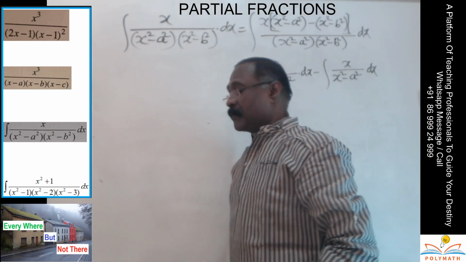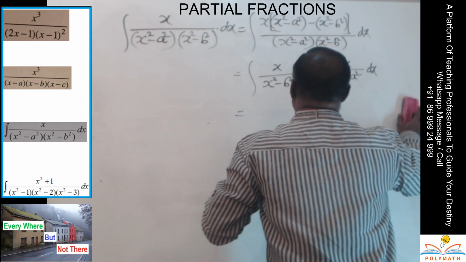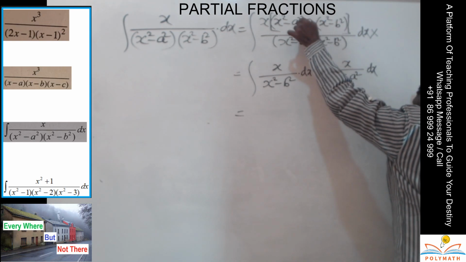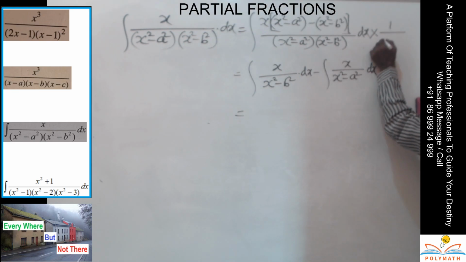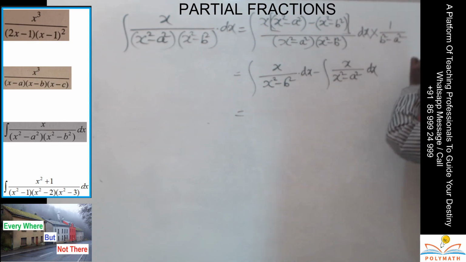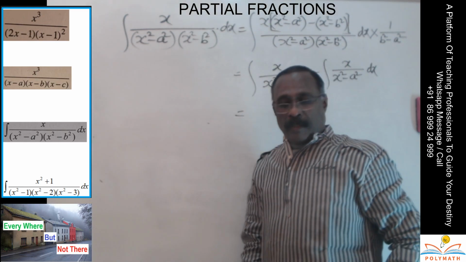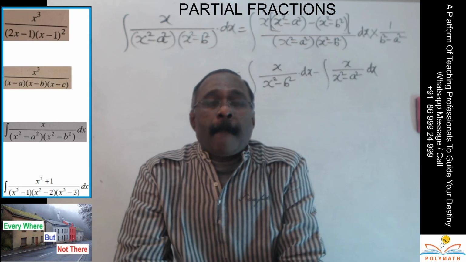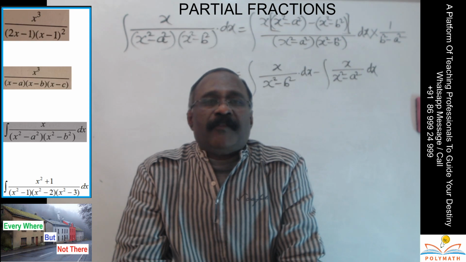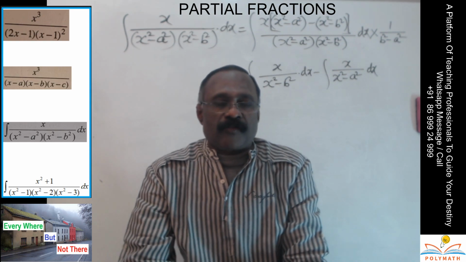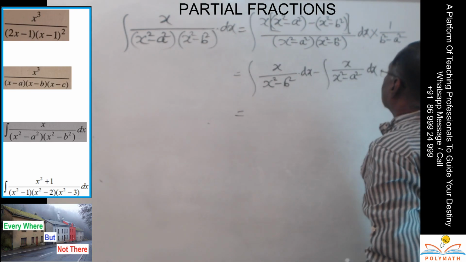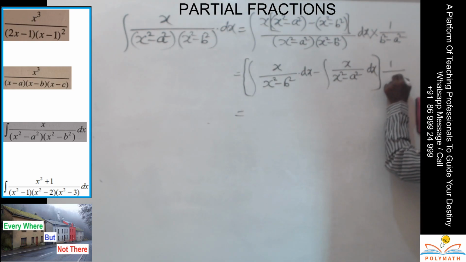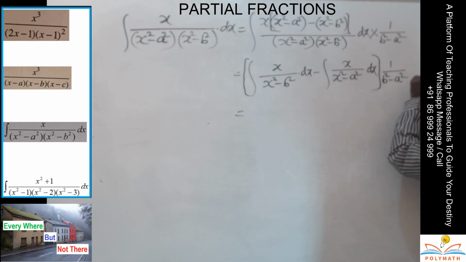But one more adjustment is to be done: you will get 1 upon b square minus a square, because we have written that extra. Unless we write that extra, we cannot split it. Because I multiplied the numerator with b square minus a square, I divided with b square minus a square. So the extra thing you get is 1 by b square minus a square.